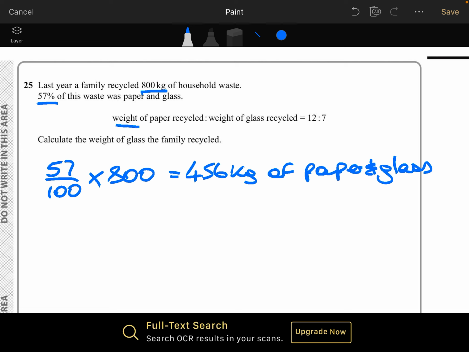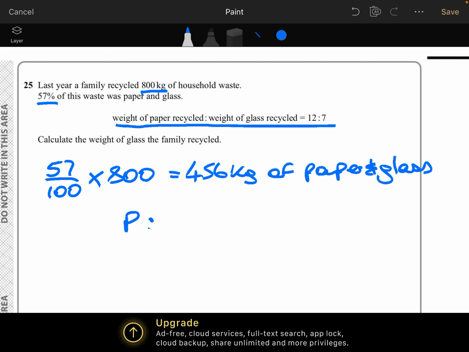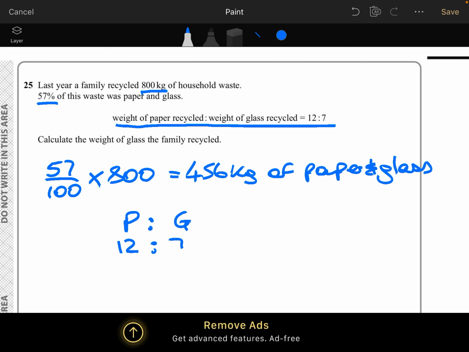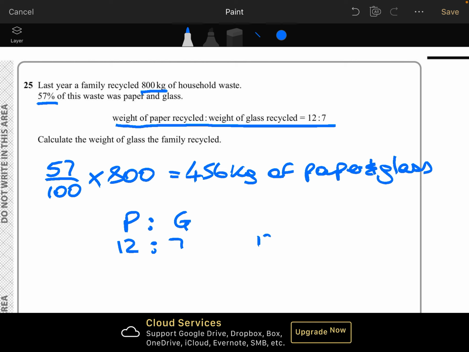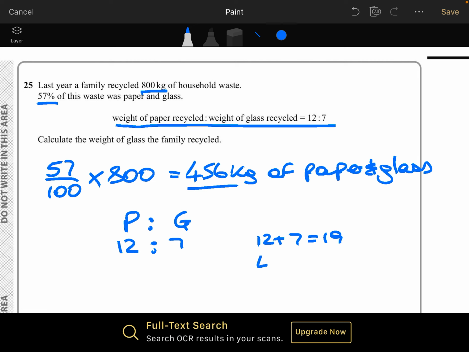And then we're going to say the weight of paper to the weight of glass is 12 to 7. Now with the ratio, we're going to add the parts. 12 plus 7 is 19. Then we're going to take the 456 kilograms and divide it by the 19.